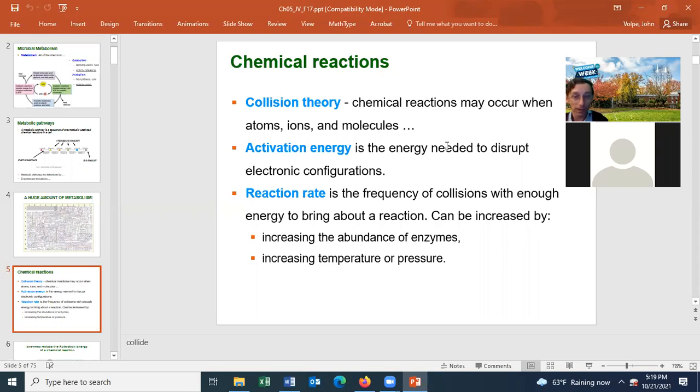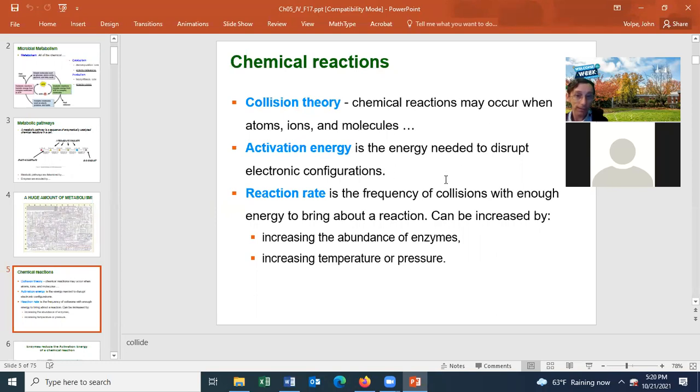But if they have enough energy, they will form the product. The activation energy is the energy needed to disrupt the electronic configurations in the starting atoms, ions, or molecules. And then when they're disrupted, they make new electronic configurations, which will be when the product is formed.